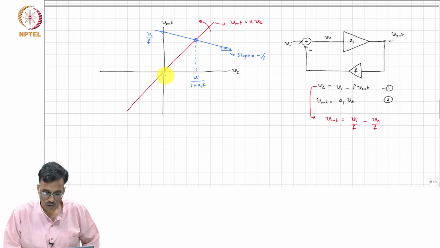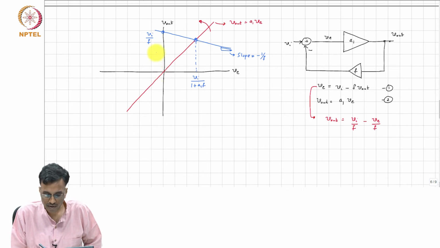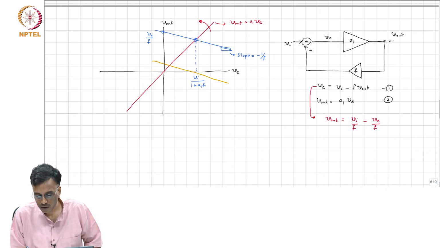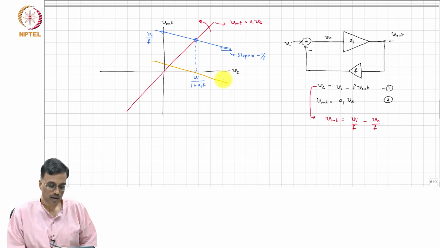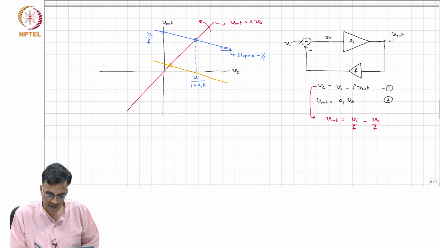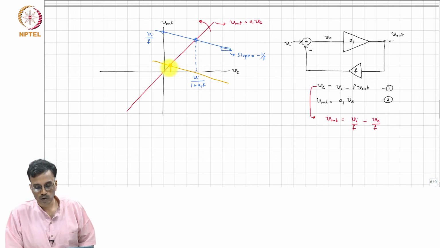All right. Now, if I go on increasing Vi from a small value, let us say this is a small Vi, the point of intersection is here, and this is the error voltage corresponding to a small Vi.